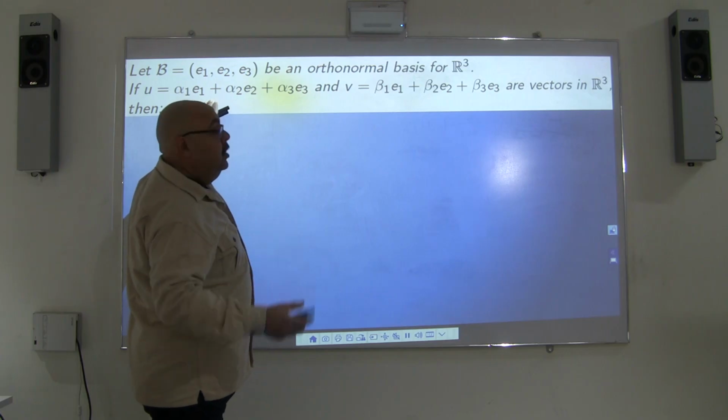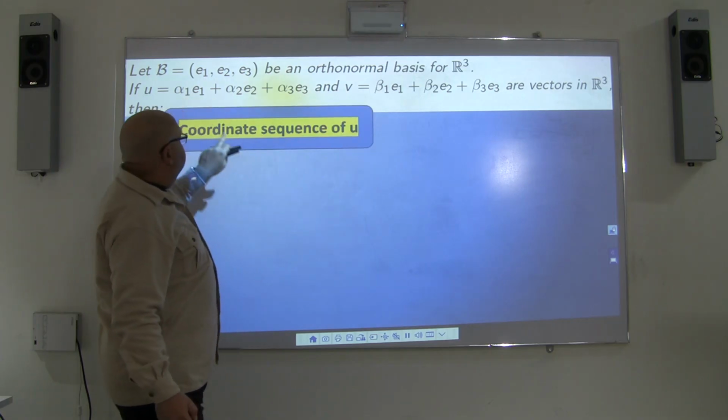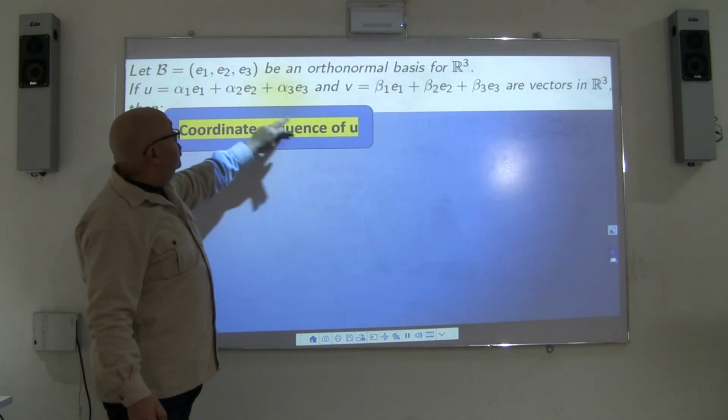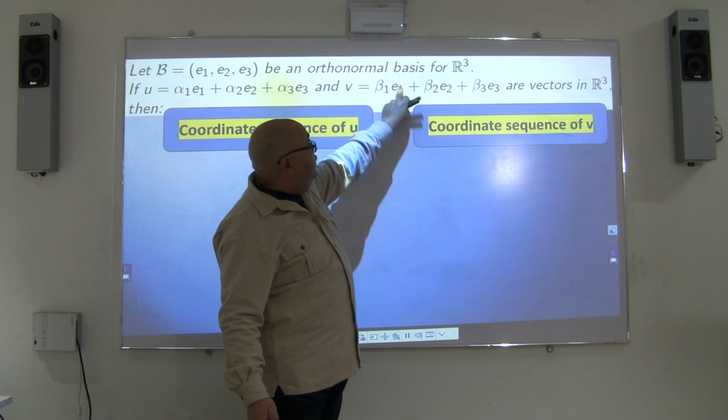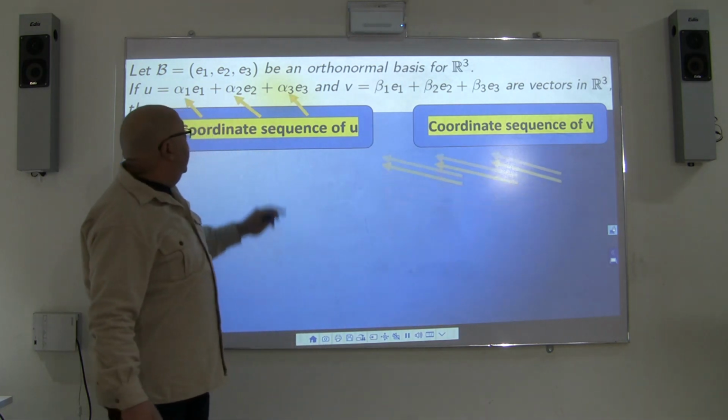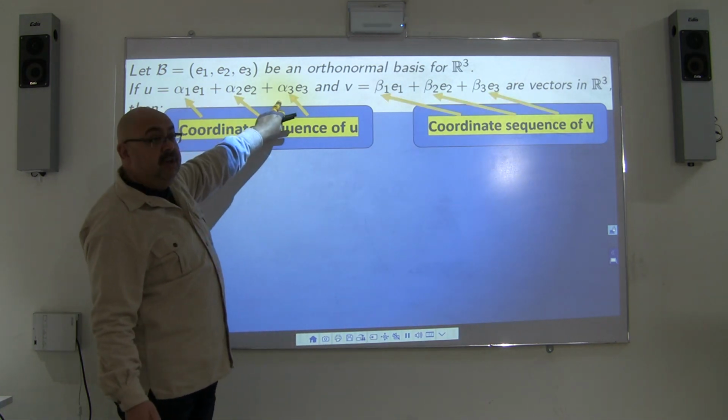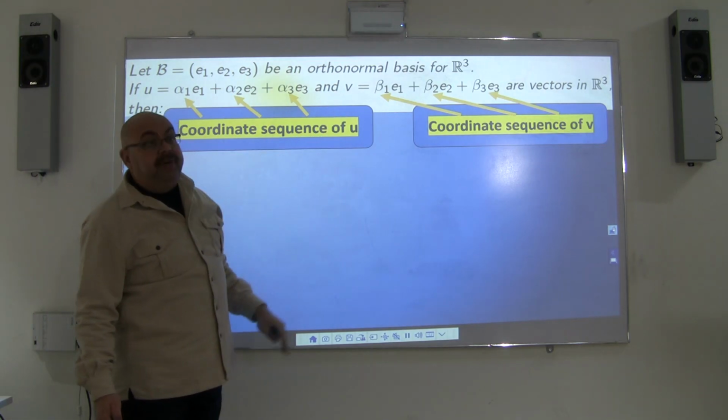So once more, these are the coordinate sequences of u and v with respect to beta.